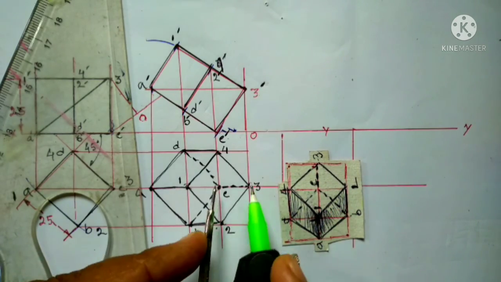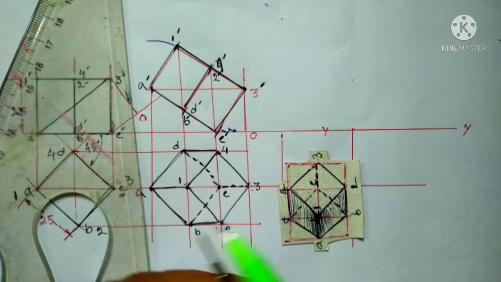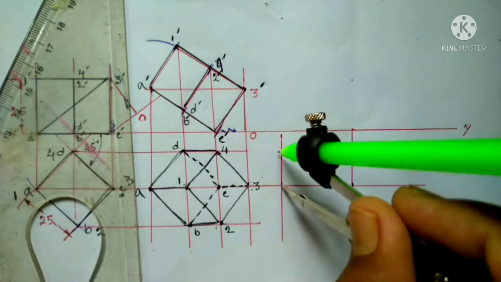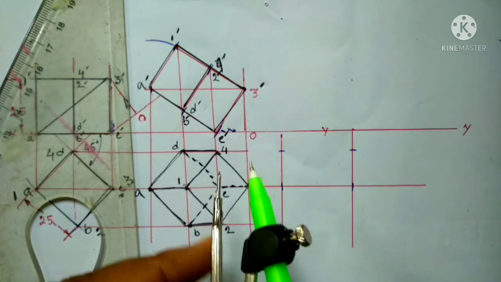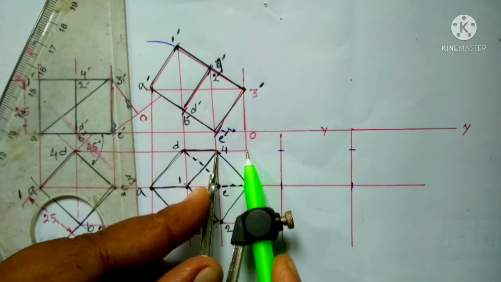Again, compare with this figure, draw the graph of projection line and take the measurement by using your divider or compass.